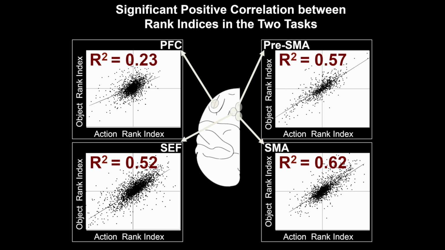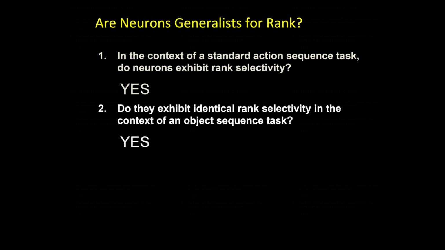We can compute the R-squared values and confirm that, in fact, there is a significant and positive correlation between rank indices in two tasks. In some areas more than others, however, there is a still high degree of concordance in neuronal activity. In other words, whatever the neurons tended to do in the sequence of actions, they tended to do in the sequence of objects.